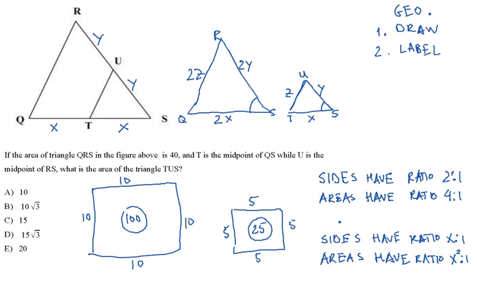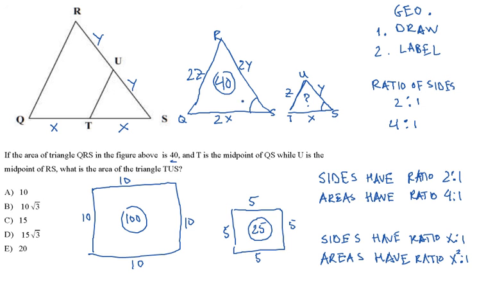And we can use this information to now solve for the area of the small triangle. We know that the area of this big triangle is 40. That's what the question tells us. And we know that these two triangles are similar, and that the ratio of their sides is 2 to 1, which means that the ratio of the areas must be 4 to 1.